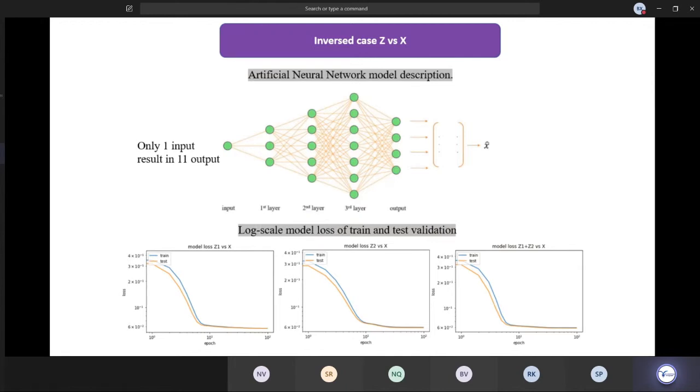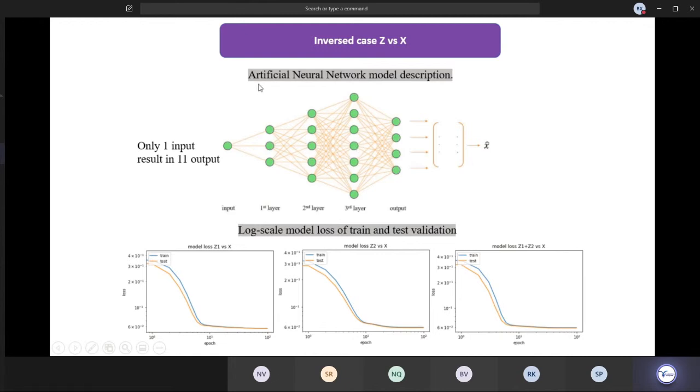Thus it becomes a multiple output regression with only one dependent y, and the output is 11 features. These specific inputs were considered, including Z1, Z2, and Z1 plus Z2. The artificial neural network model implemented in this case is shown in the figure.